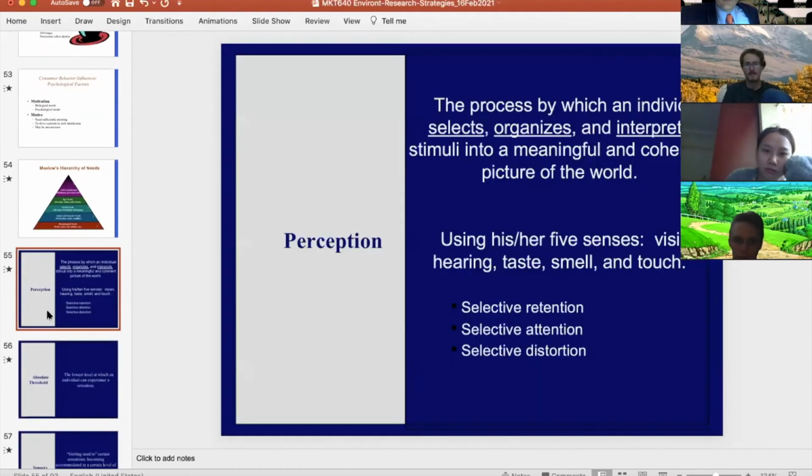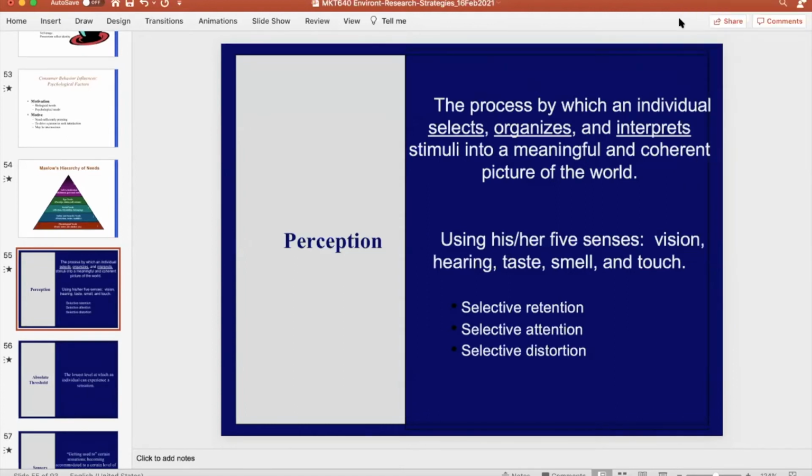So now we're talking about this concept of perception, the fact that we look at information and we select and organize this information in order to interpret it and know if we should memorize it. How important is this? How soon do I need it? Should I keep it? Should I keep it in case?